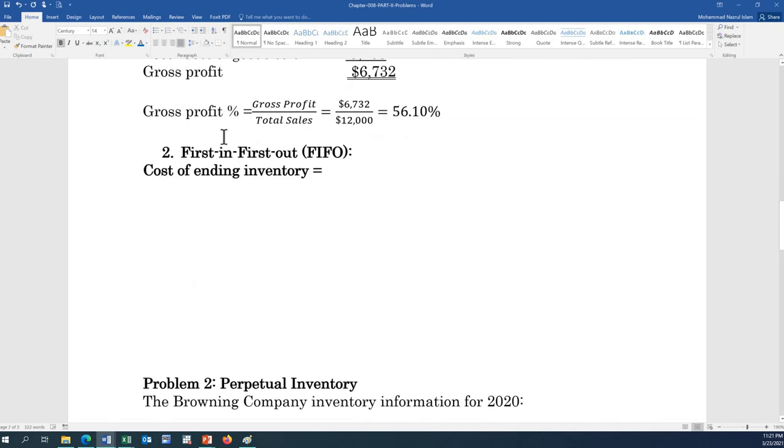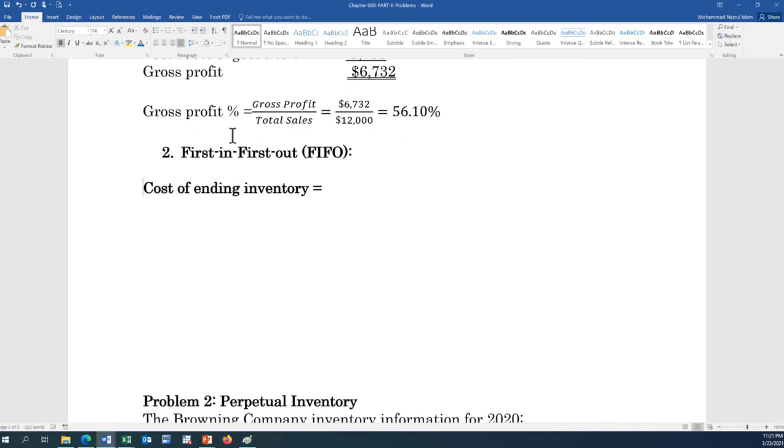So the ending inventory is from the January 15 purchase, which is equal to 200 units.